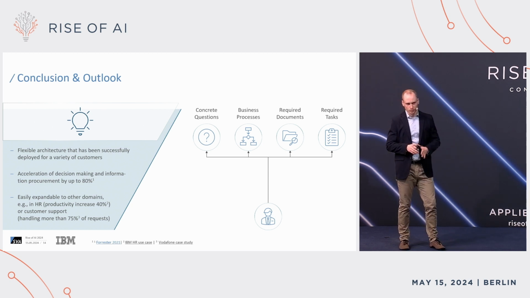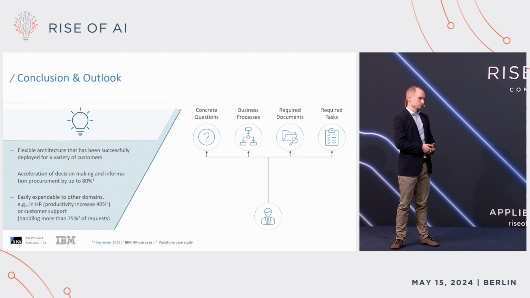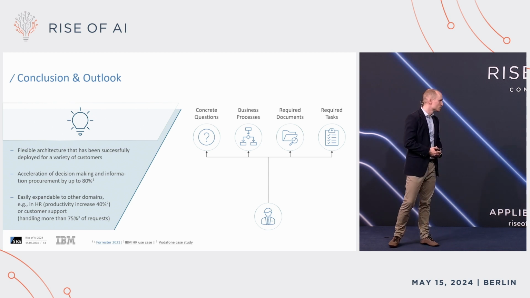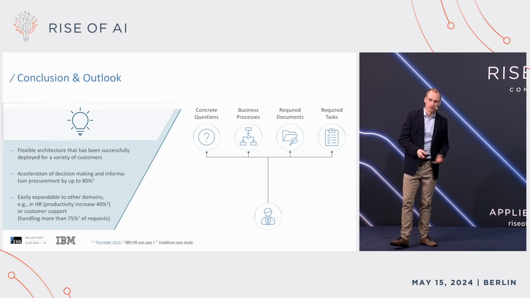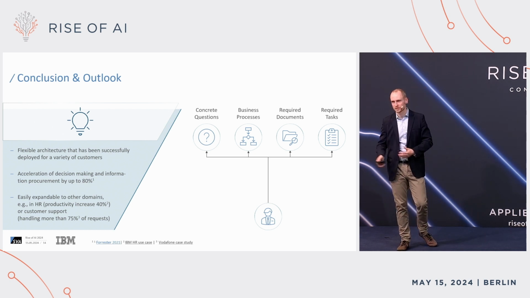The use case was focused on process retrieval, basically, but it's not really a surprise that you can change the topic completely and go to human resources or customer support, where studies found that you can increase the productivity or the efficiency up to 80%, depending on the specific use case, obviously.